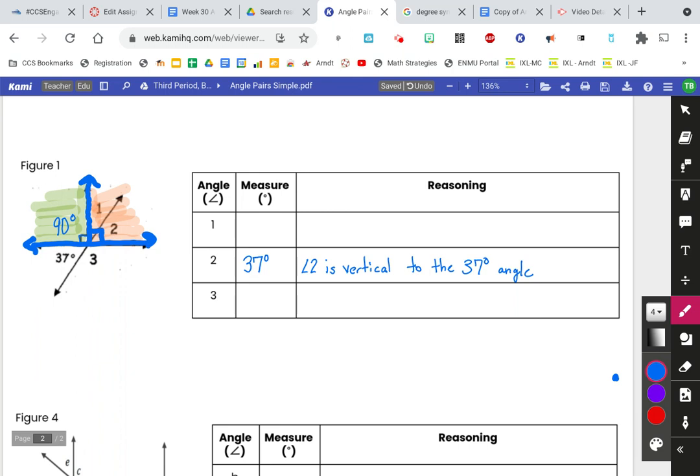Okay, well, remember we already found the measure of angle 2. We said that angle 2 was 37 degrees. So I know that angle 2 and angle 1 make up that peach angle, which is 90 degrees. So therefore, to find angle 1, all I would have to do is take that 90-degree angle and subtract 37.